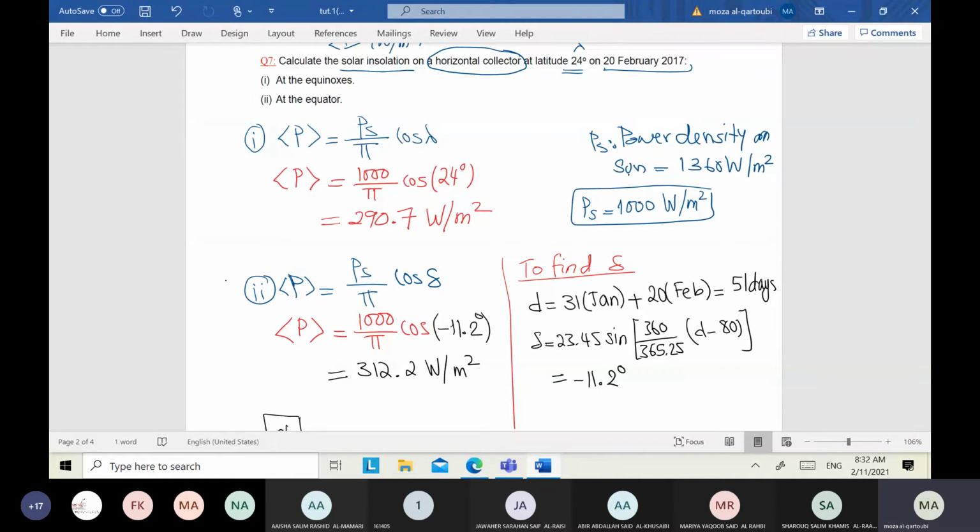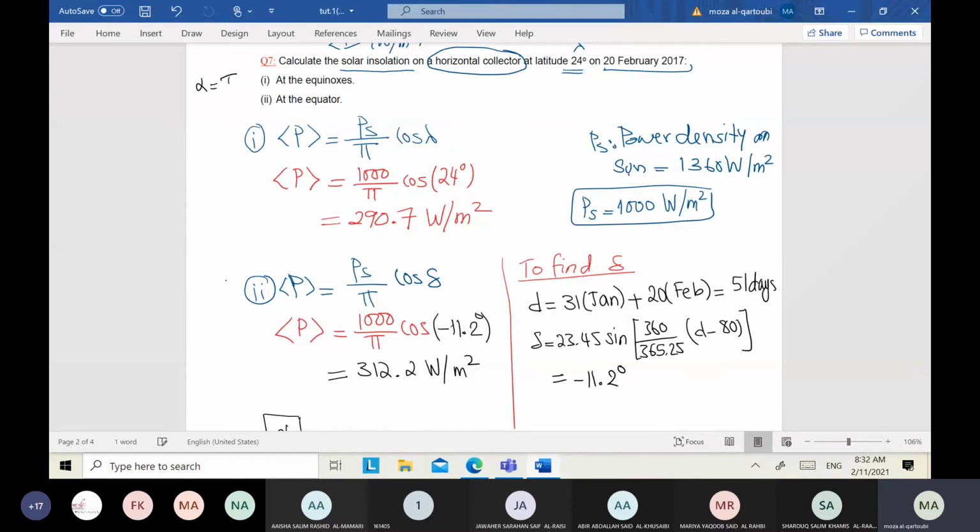We know at the equinoxes delta equals 0. So alpha, it's not given in the lecture note. At the equinoxes, alpha equals pi over 2, so 90. Alpha equals 90 and delta equals 0.